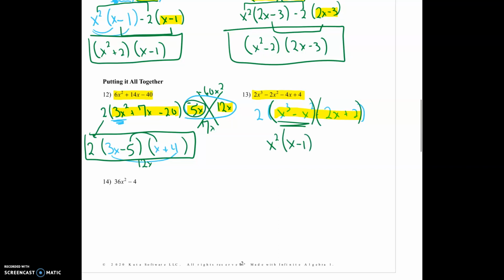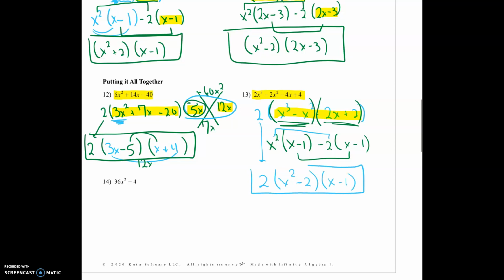And so when I go to factor my second set of parentheses, remember, they always match. And so that meant I had to factor out a negative 2 to get there. So joining my original GCF of 2, I've got x squared minus 2. That's not very nice writing. And x minus 1.